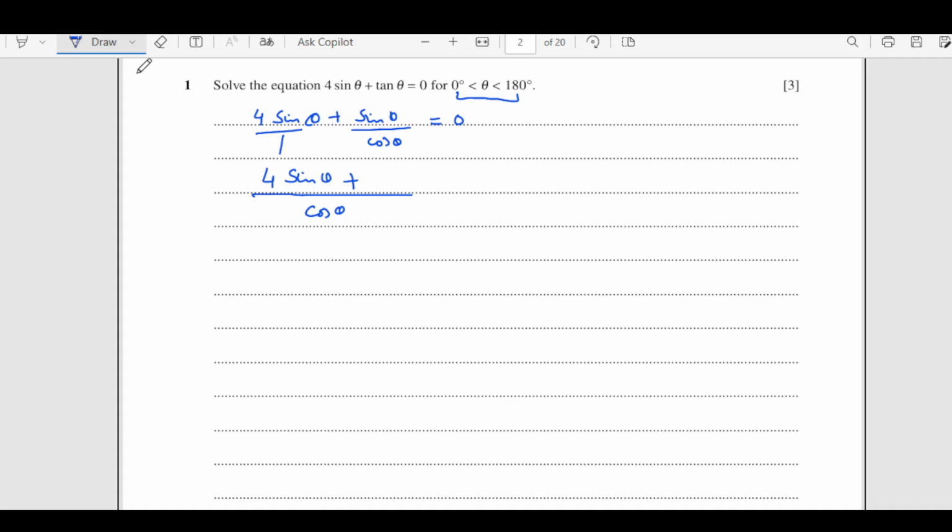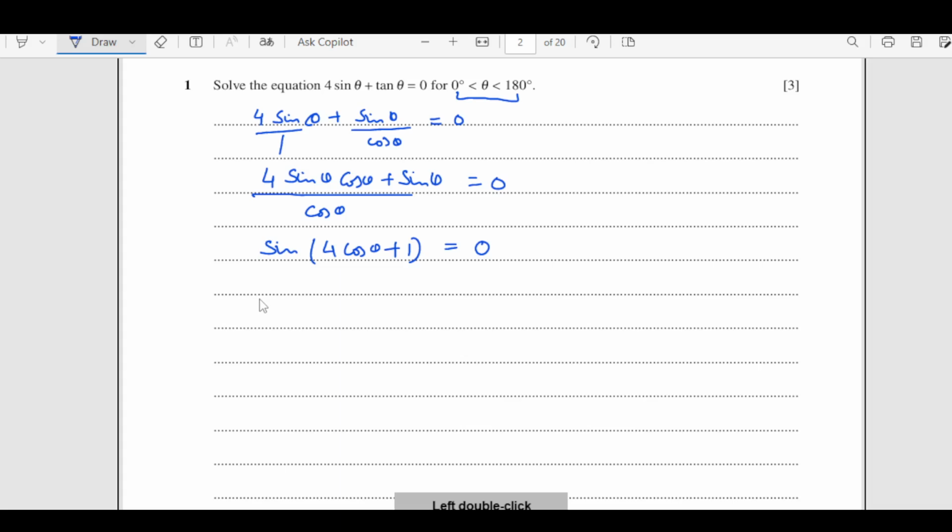Cross multiplying, sin theta cos theta plus sin theta equals 0. Taking sin theta common from the numerator, inside we have 4 cos theta plus 1, and 0 times cos theta becomes 0.